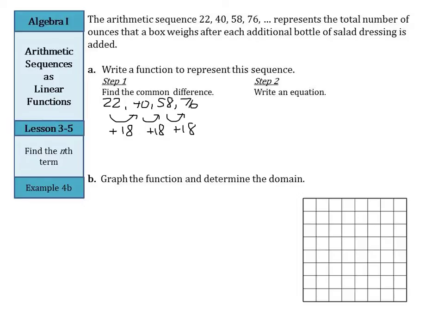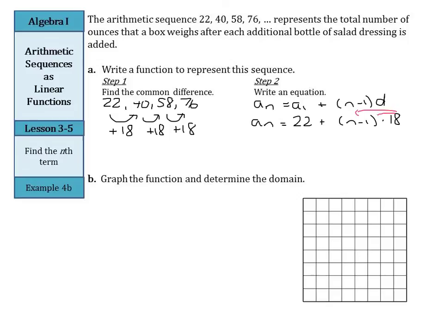To write our equation one last time this lesson, we'll start off with an equals our first term a1 plus our n minus 1 times our common difference d. So an equals our first term 22 plus that n minus 1 times our common difference this time of 18.